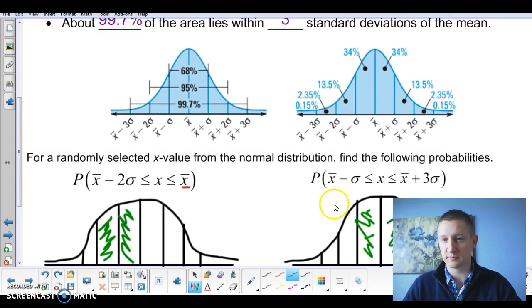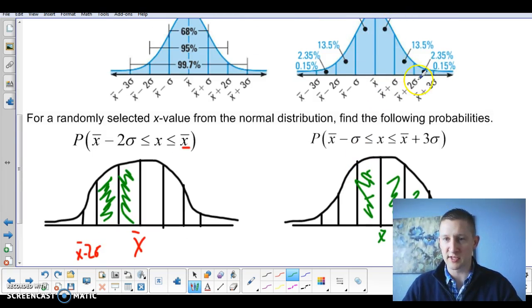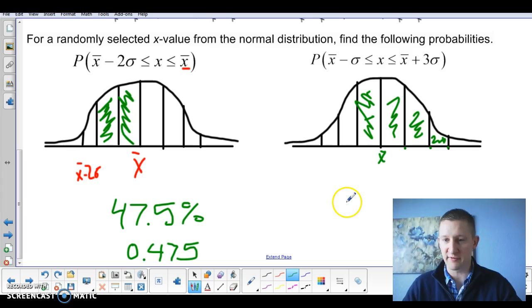Add these up. Let's see, 34 plus 34 is going to be 68, plus another 13.5, plus another 2.35%. Our total there is going to be 0.8385, or if you want it as a percentage, you're looking at 83.85%. Either of those numbers would be just fine.